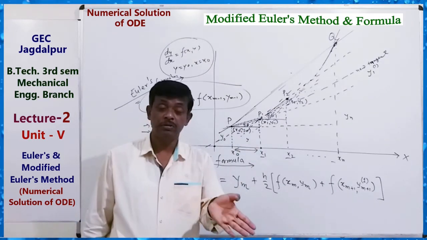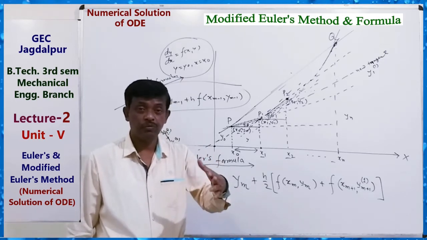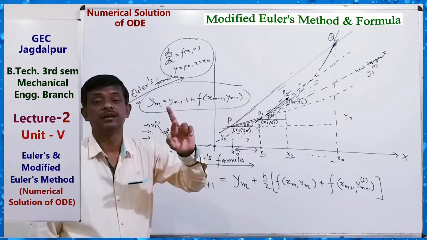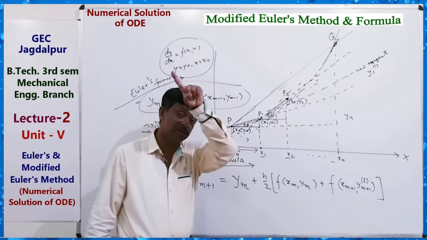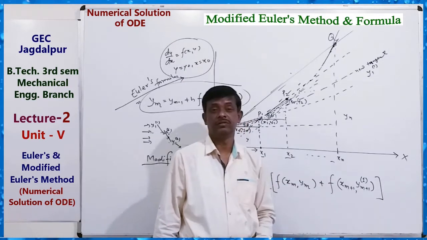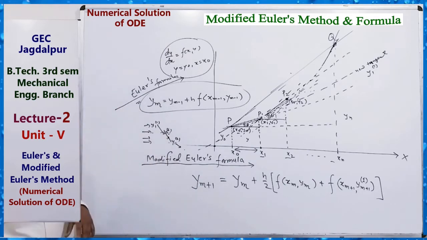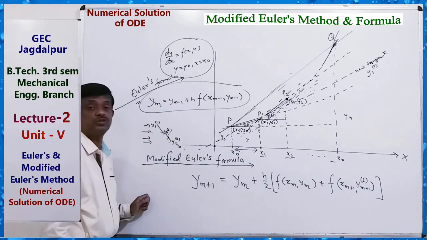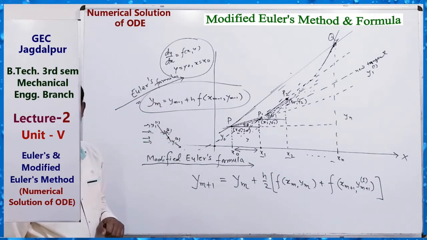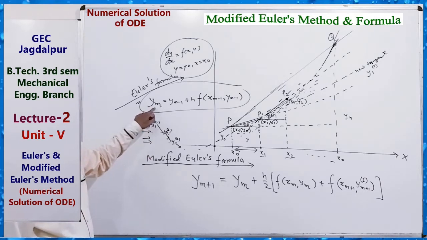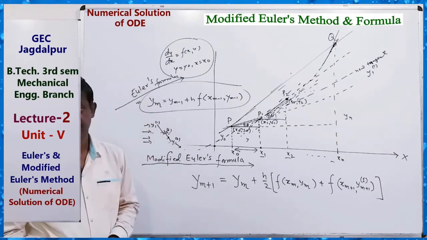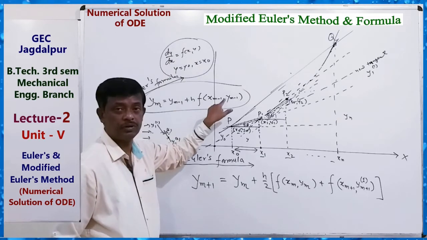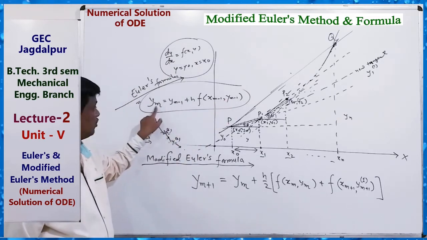This process will continue up to the approximation when two approximations give the same value in this interval. That will be the final value, used as the previous value of y. Okay, so in this formula, this is from the previous. If we put m equals 0, this is from Euler's formula, and this is the modified Euler's formula. Here in place of slope, this is slope, this is slope, divided by 2.